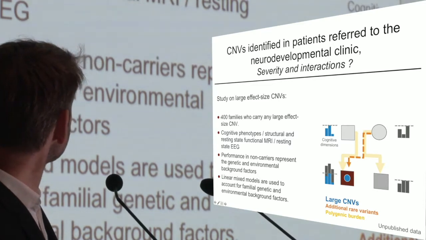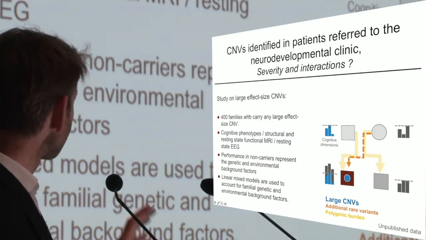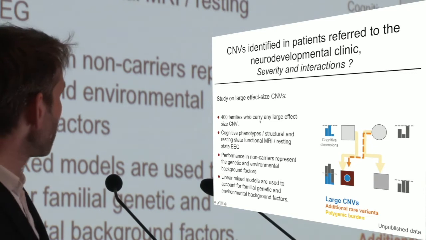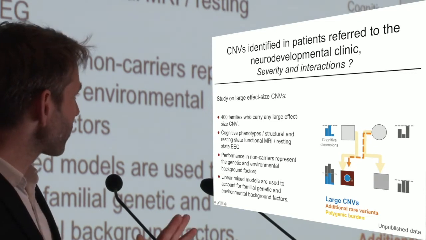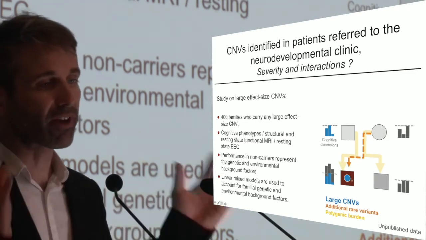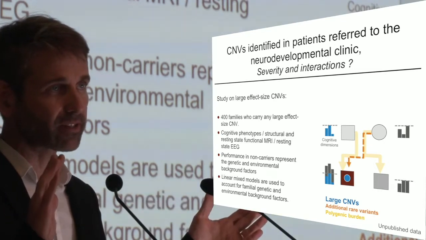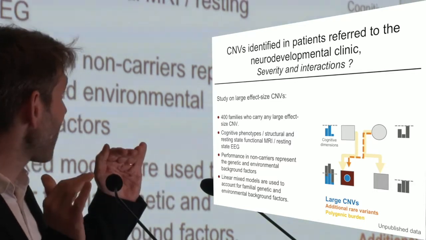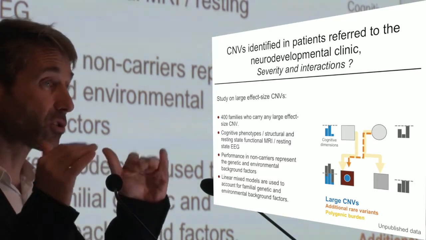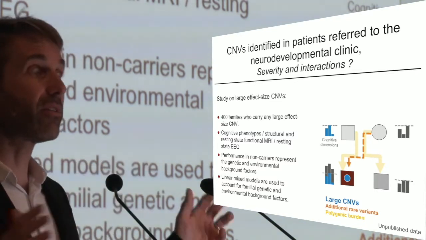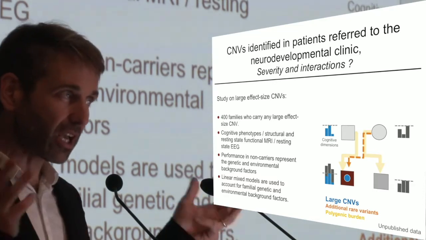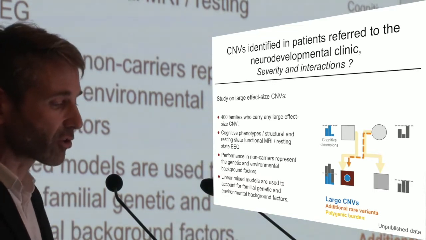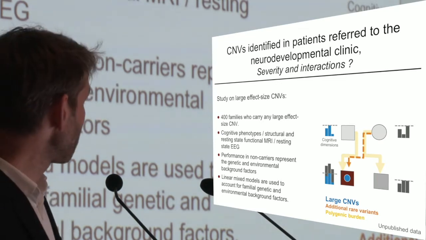We have a running study called the CNV family study, where we recruit any large CNV carrier in the clinic, and we recruit all family members, both those who carry the CNV and those who do not, who act as intrafamilial controls to adjust for all the additional genetic background and socioeconomic background present in the family.